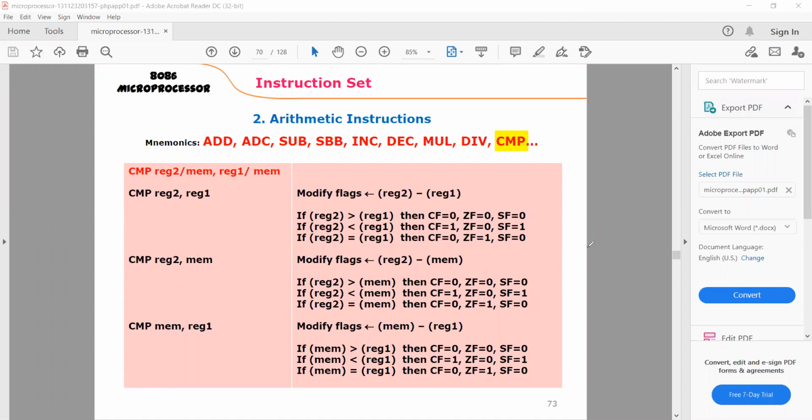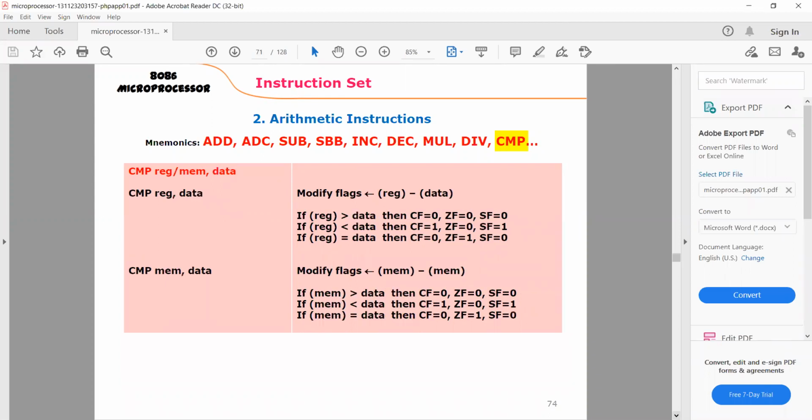So that is, I think, the end of the arithmetic operations. The same thing, compare register comma data. That means we can use direct data also. The conditions will remain the same, they won't be changing.